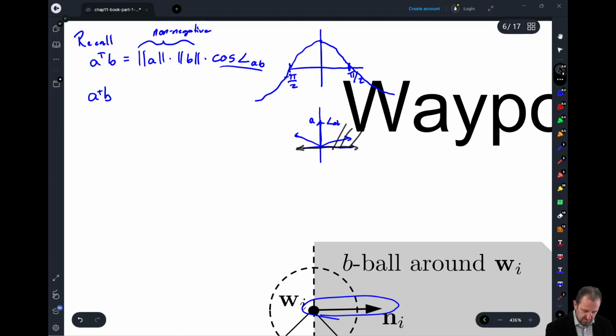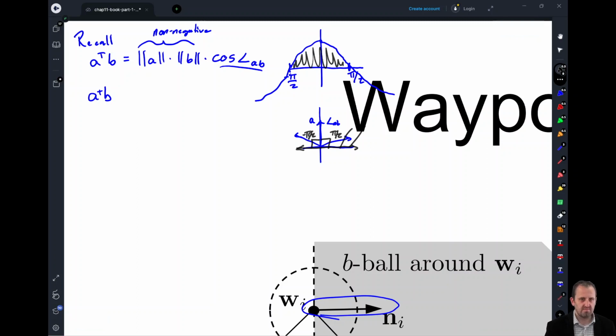So all vectors that point in this direction are in the same half plane as A. So the angle between A and these vectors is going to be from negative pi halves to pi halves. So this is the region that we care about in terms of defining the same half plane.